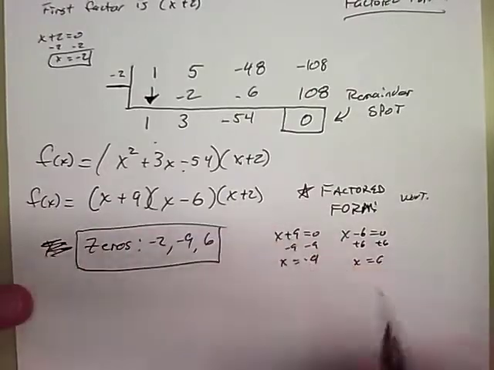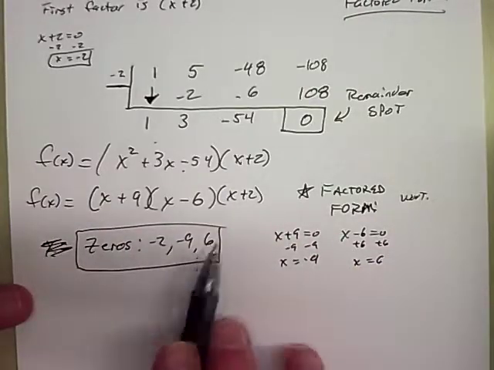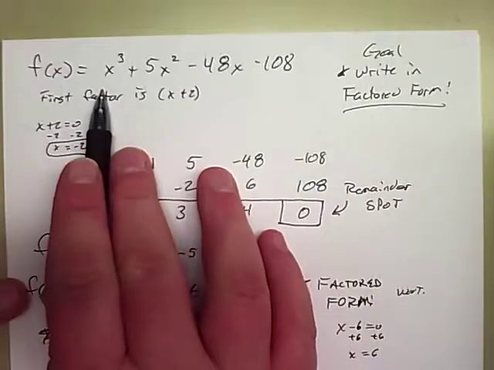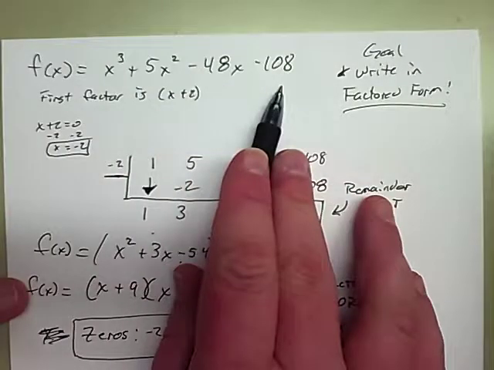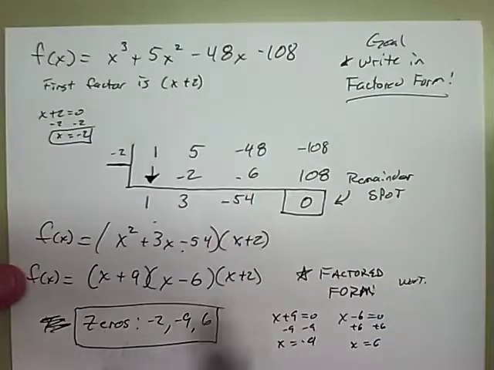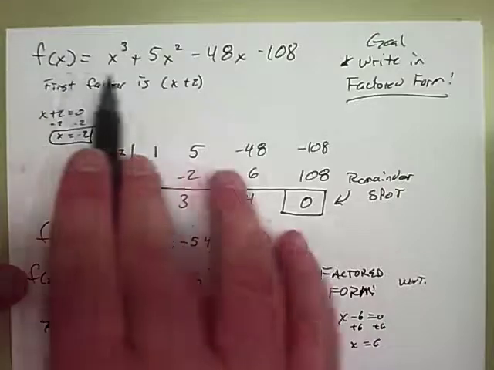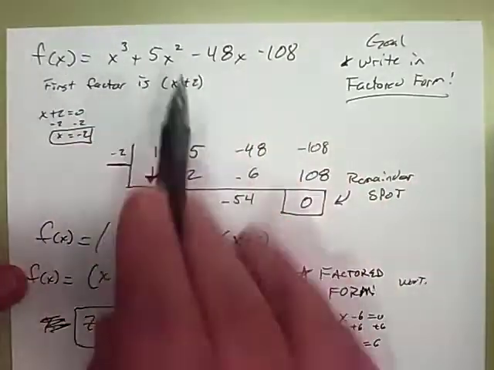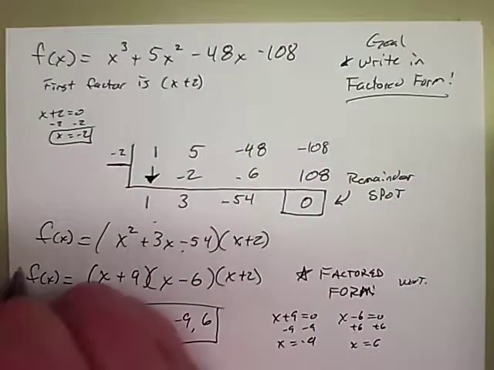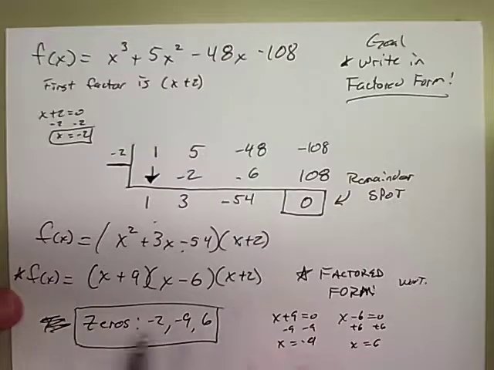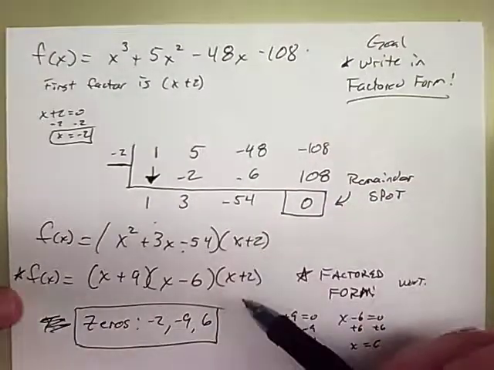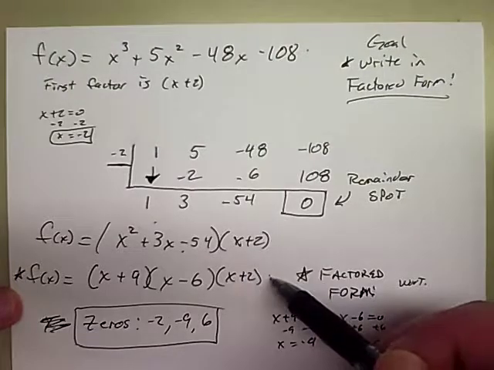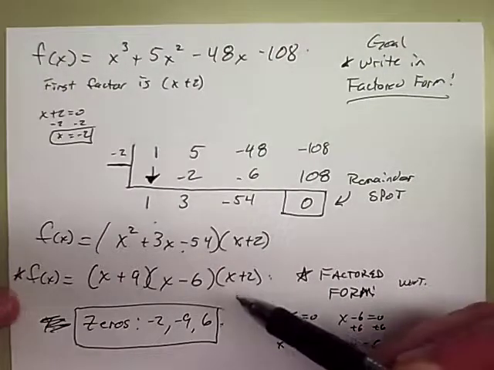And these are all of the zeros of the original function. So we were able to start in standard form, end up in factored form, and state all of our zeros. So again, we're going to go standard form to factored form. Once we're in factored form, then we can state our zeros. Okay?